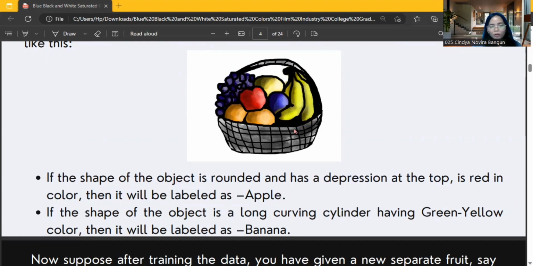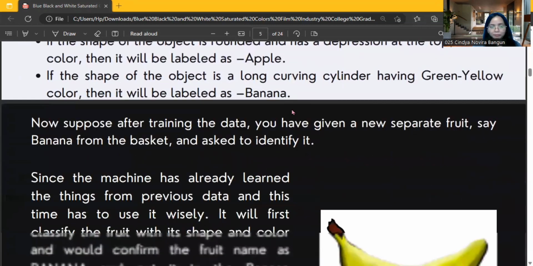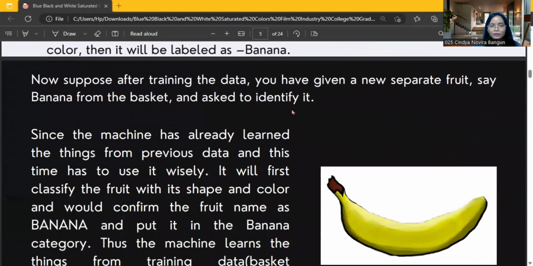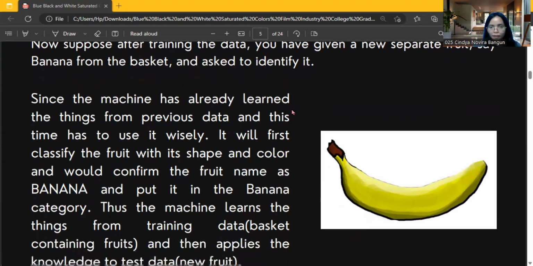If the shape of the object is a long curving cylinder having green-yellow color, then it will be labeled as banana. Now, suppose after training the data, you are given a new separate fruit, say banana from the basket, and asked to identify it.